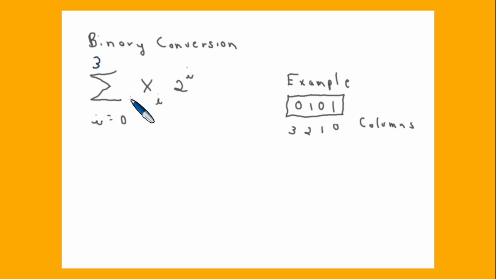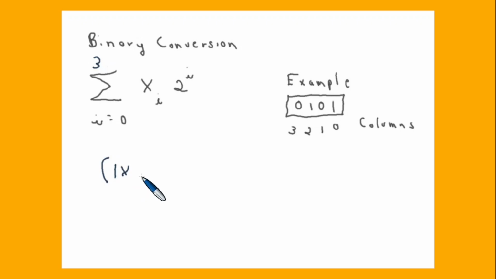So if we start doing the calculation, we're going to start with column 0. It's a little different, I understand, because we're going from right to left instead of left to right. But the value for column 0 is 1.